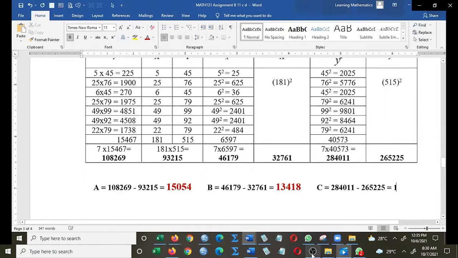18,786. 18,786. So we have 6 numbers reduced to 3 numbers.